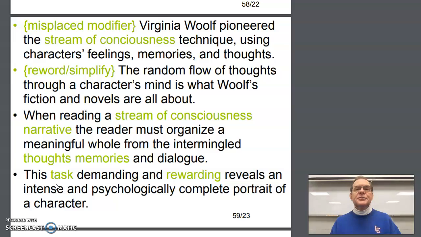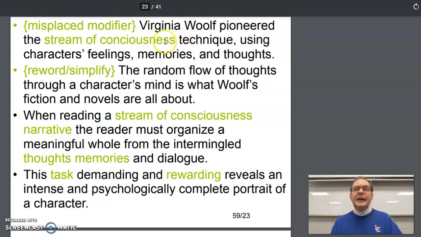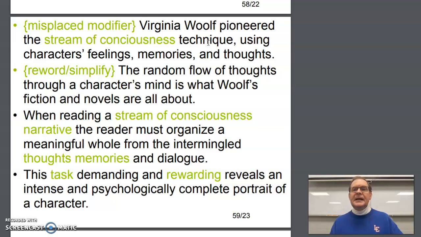Virginia Woolf pioneered the stream of consciousness technique. So right here, stream of consciousness is a long adjective, C-O-N-S-C-I-O-U-S-N-E-S-S, by the way. And so we need it hyphenated since it modifies technique. But it says misplaced modifier. Well, we could say, I suppose, the technique uses characters' feelings, memories, and thoughts, but the editors of this really wanted us to think that she was using it.